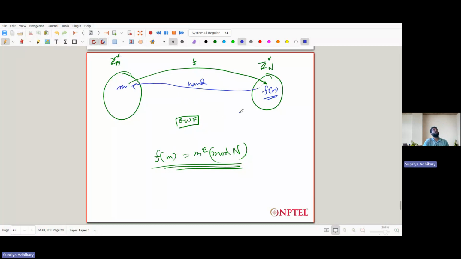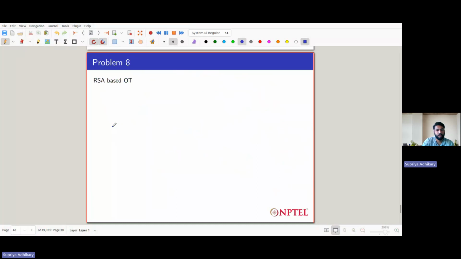Or rather, we can just say that any PPT adversary has negligible probability to compute M. So this was what the RSA problem was.